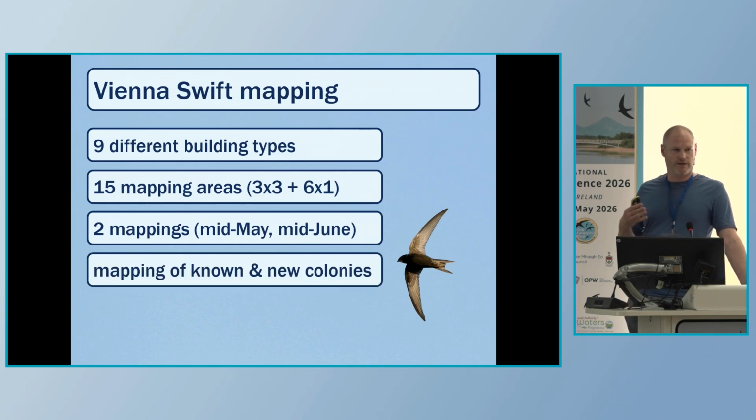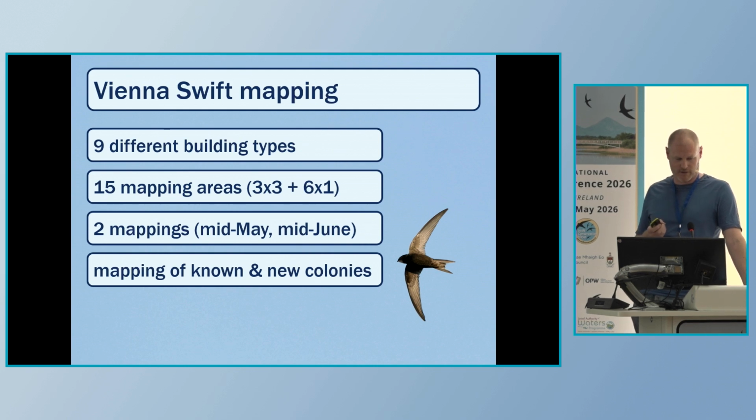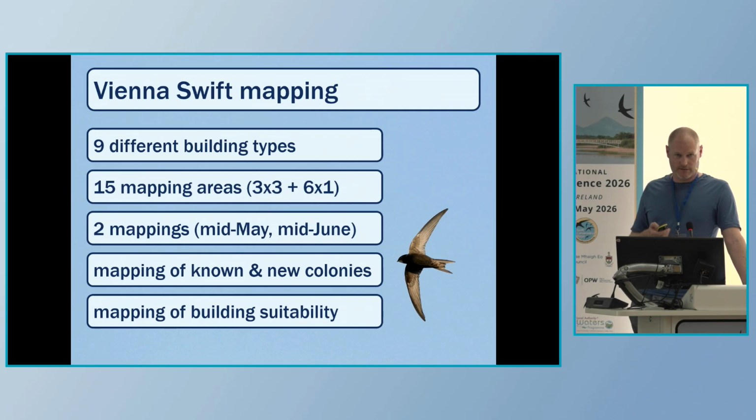And after that, we are making a count and nest mapping of known and new colonies. And after season, I will do a mapping of the building suitability of these areas, to have more information than just a number of flying individuals.